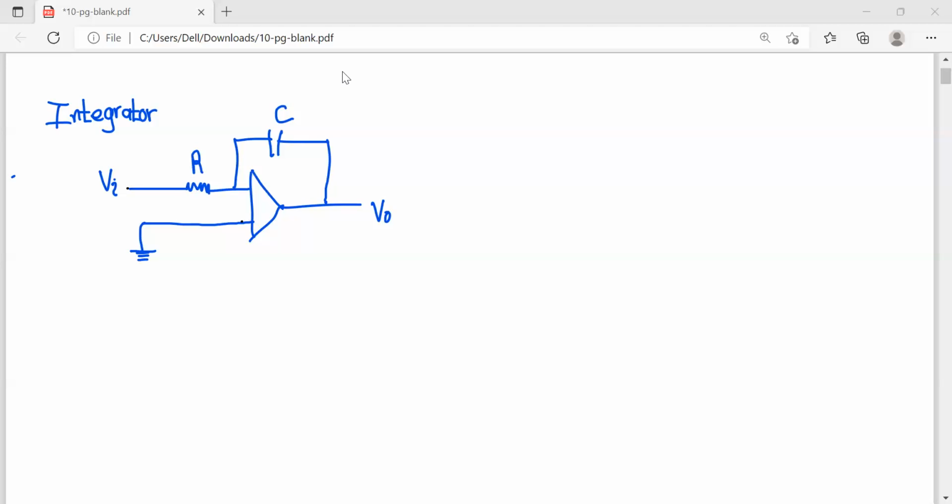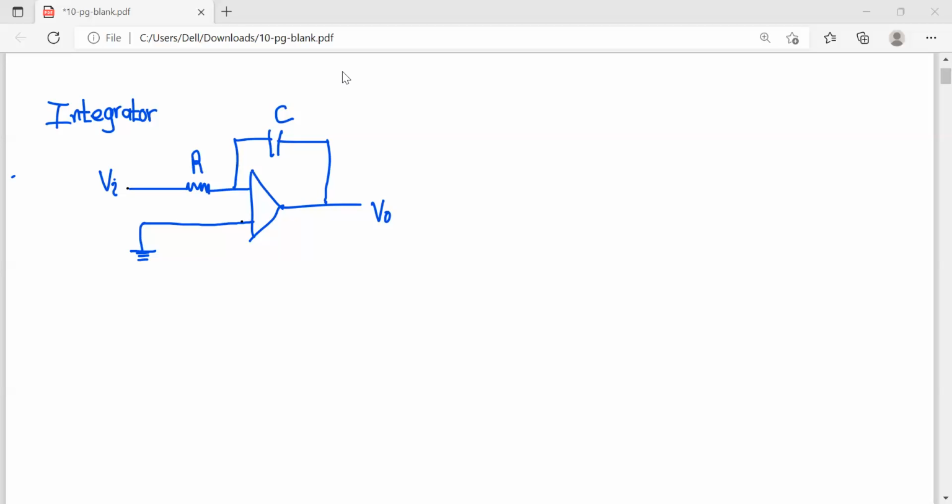That's why we use this capacitor to change our input function into the integral of the input function.